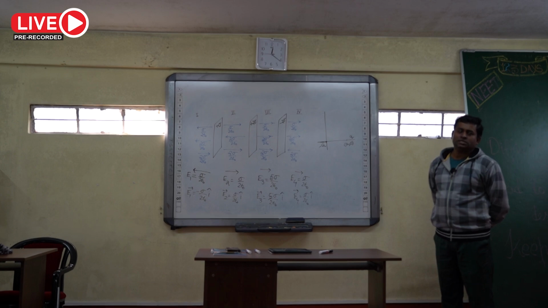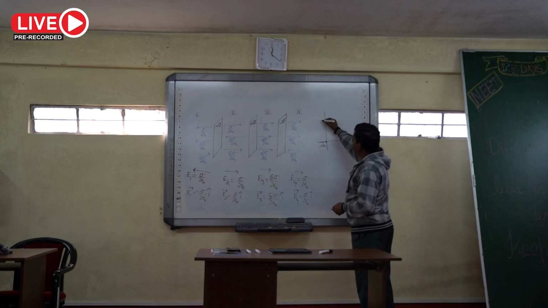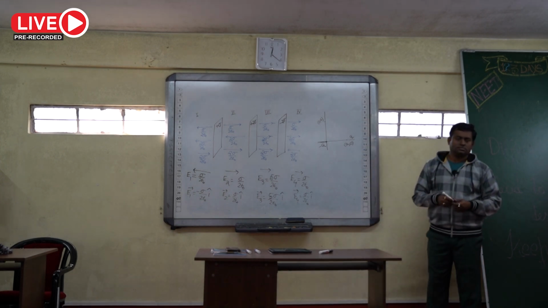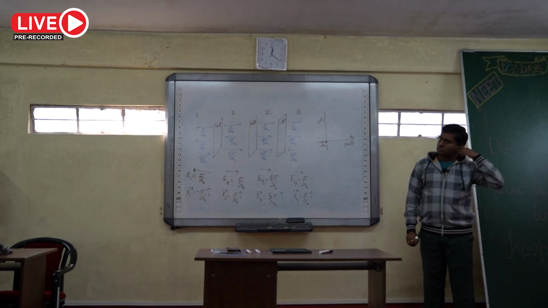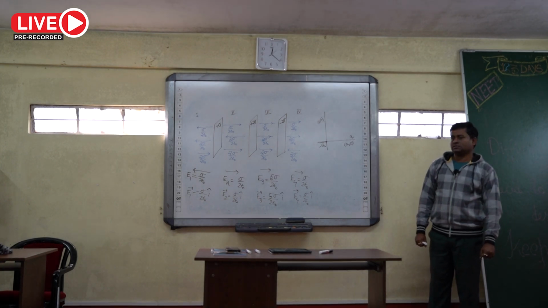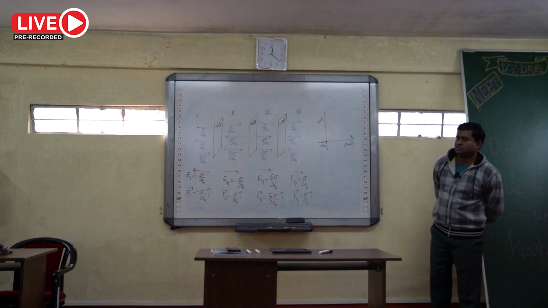This charge is taken to a point 0 comma a via two different paths.